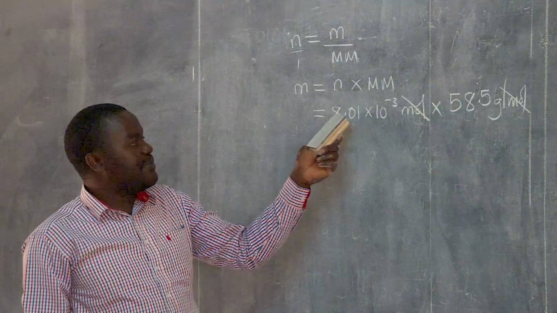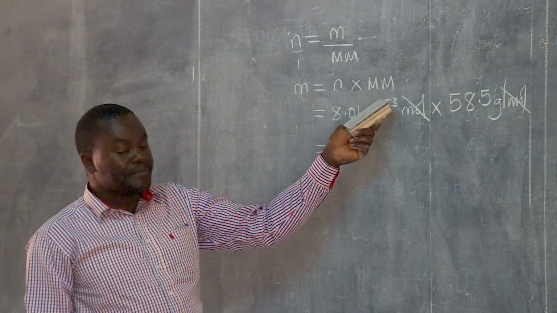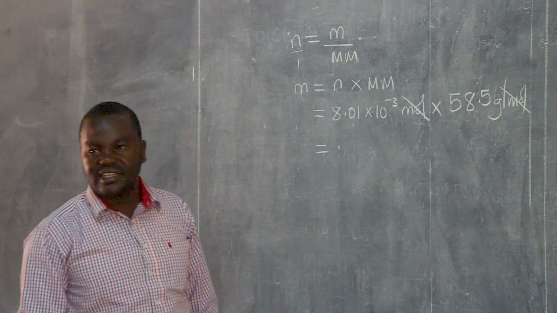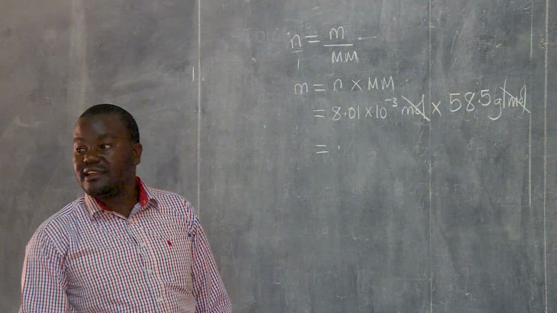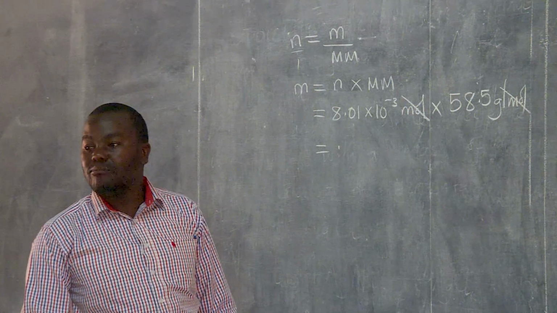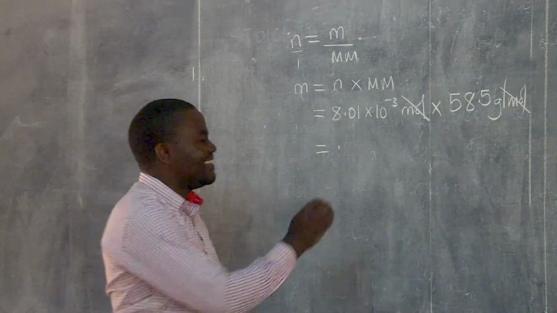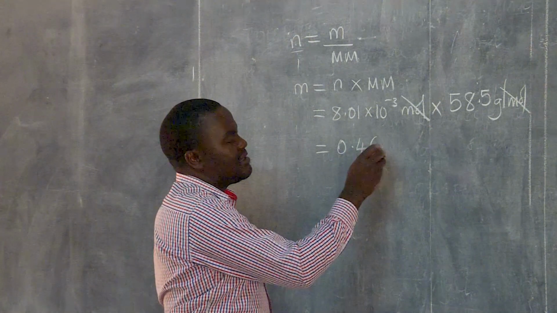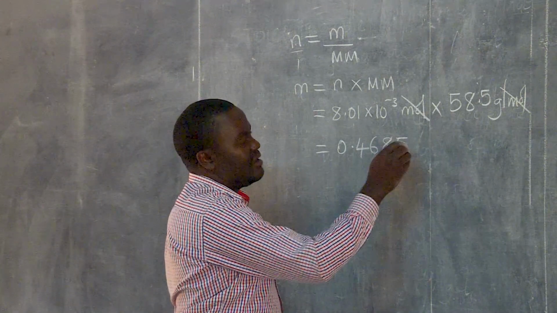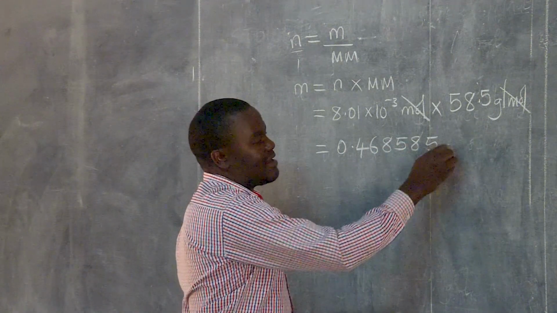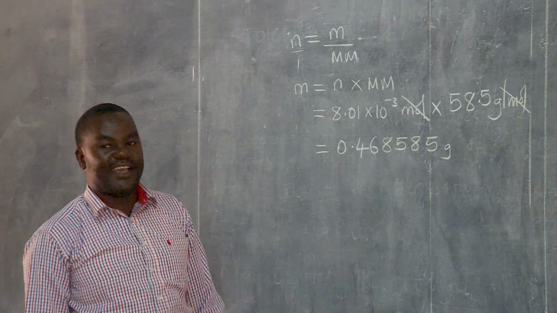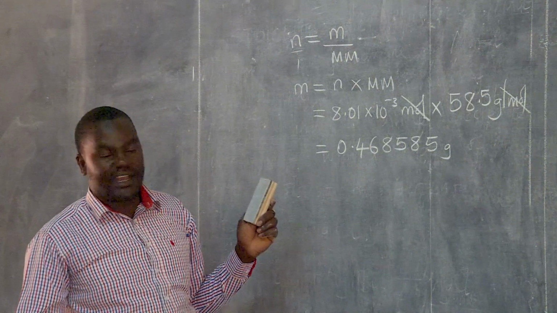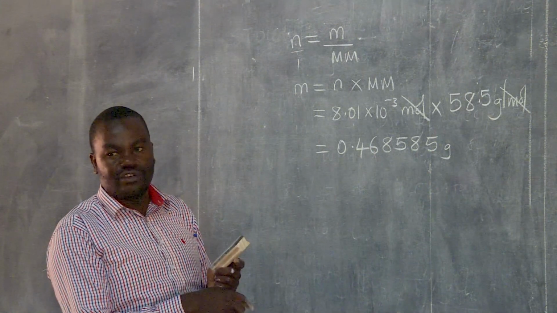So from there, we multiply everything. We multiply 8.01 to the exponent negative 3 multiplied by 58.5 grams. What is it giving you? 0.4680. 0.468 grams. So now we've written everything the way it is appearing on the calculator. On the next step, we round off.